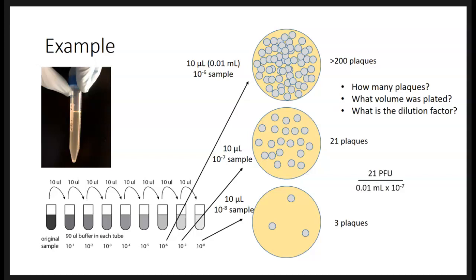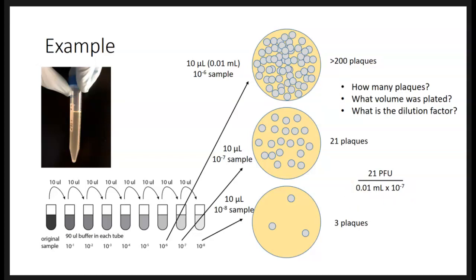So we can type that out nicely. We again have 21 plaques that we counted, so we have 21 PFU. And that 21 PFU was in that 0.01 milliliters that we put on the plate. And the dilution factor of that sample was 10 to the minus 7th. So those are where all those numbers come from in our equation.